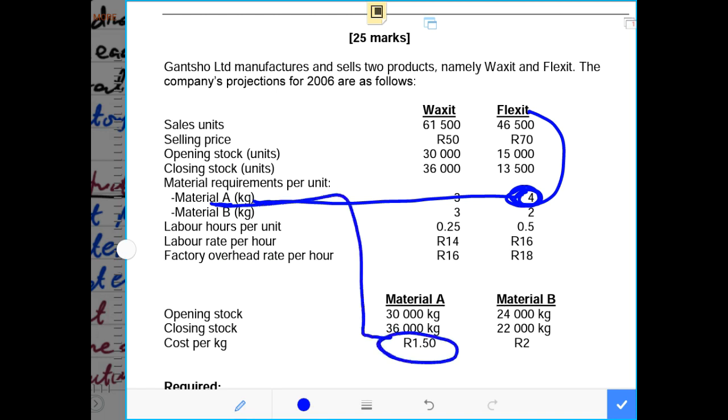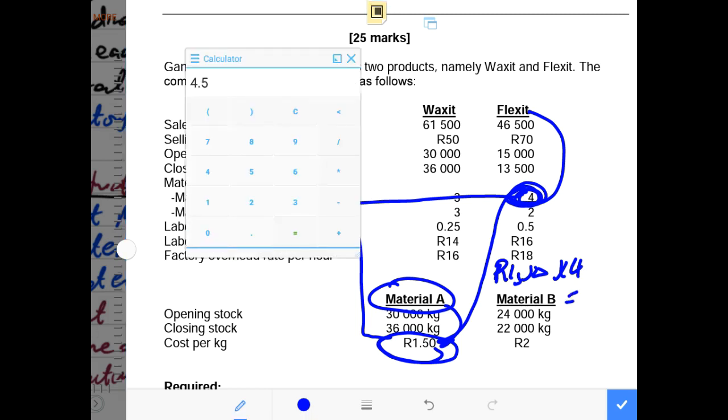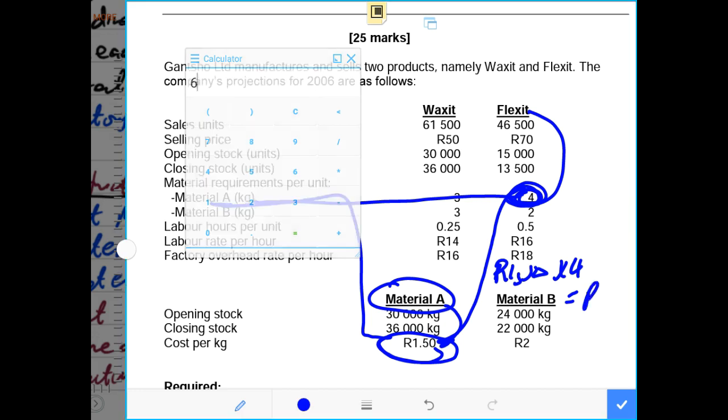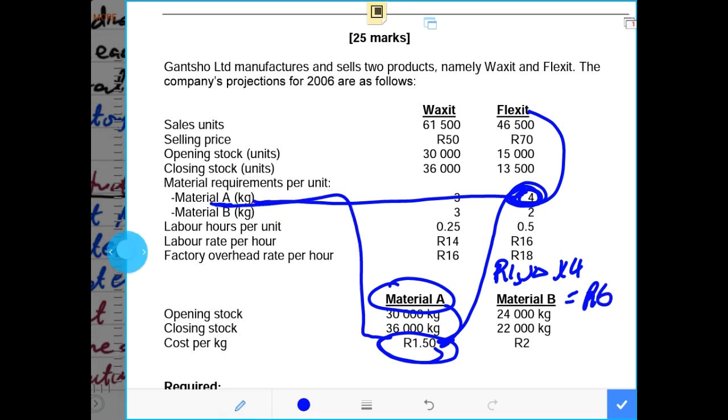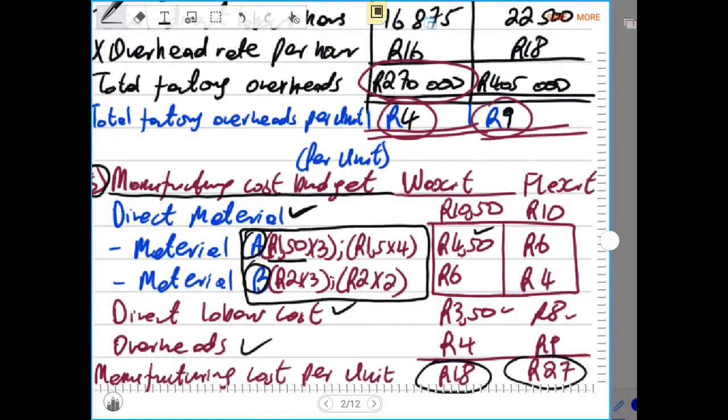So we multiply 1 Rand 50 cents by 4, and it gave us 6 Rand. That 6 Rand was allocated under product Flexit.